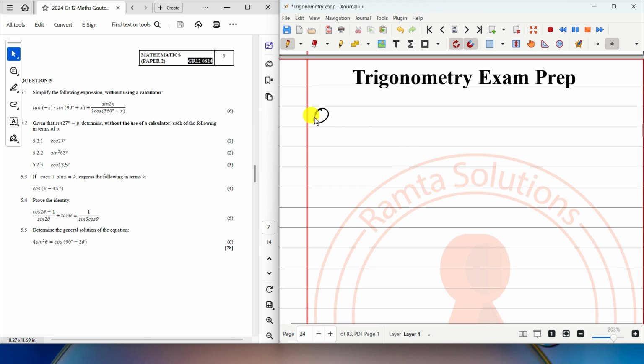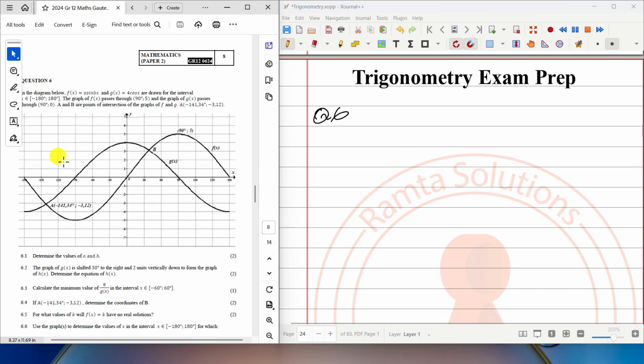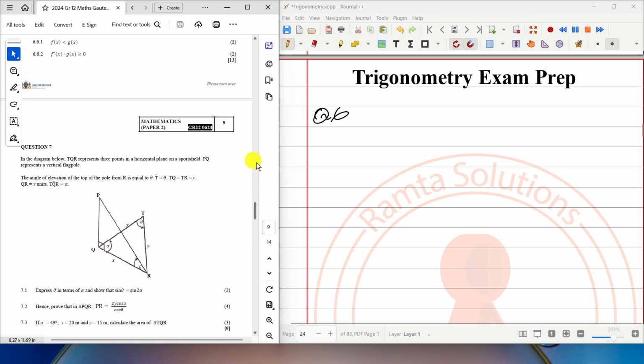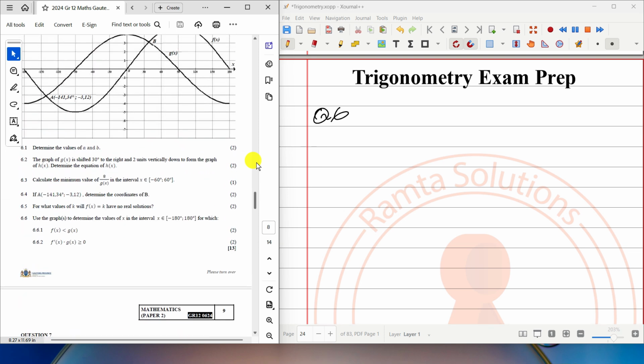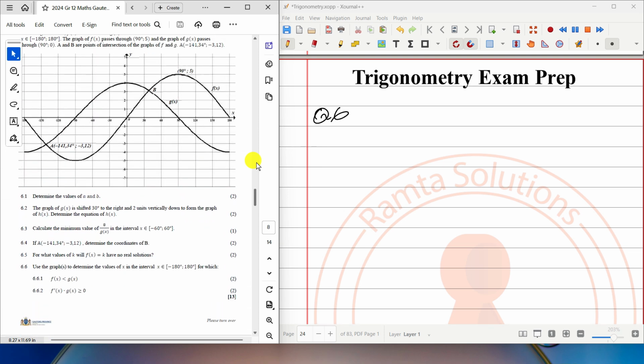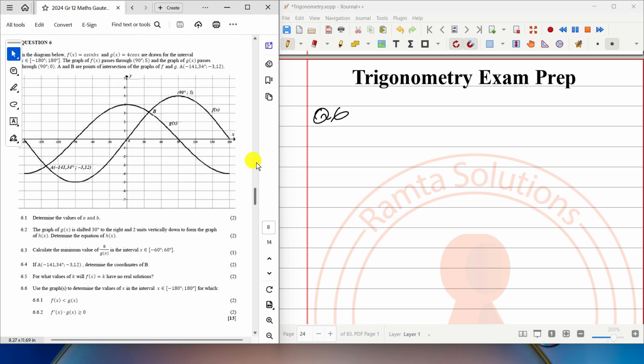It's question 6. So let's see, how many minutes do we need for question 6? For question 6 we will need about 13 marks. Okay, no worries. Let's see what they say. In the diagram below, f of x is equal to a sine bx and g of x is equal to 4 cos x are drawn for the interval x is an element of negative 180 degrees included to positive 180 degrees included.